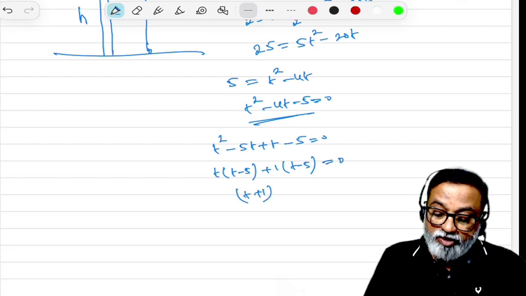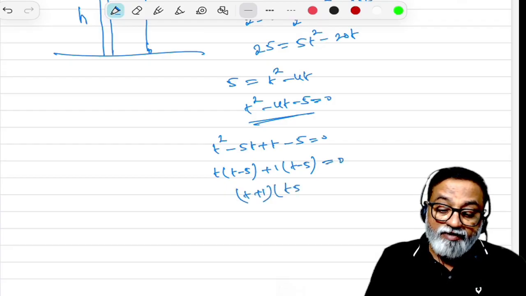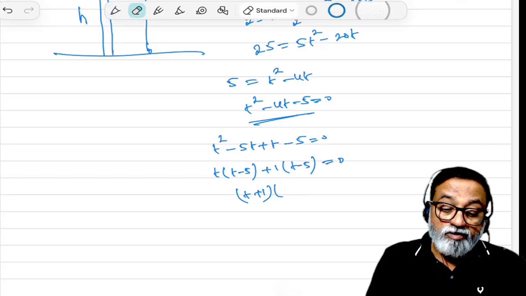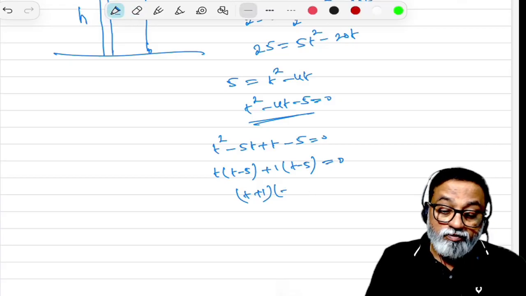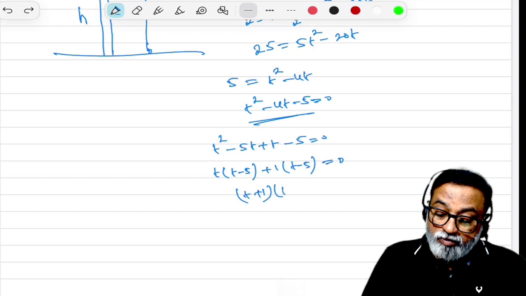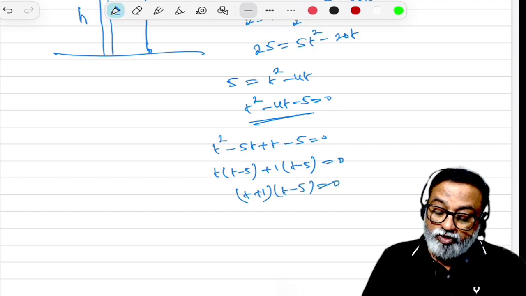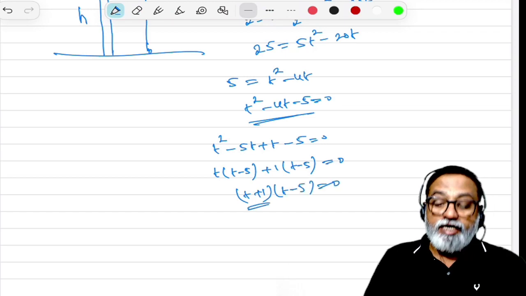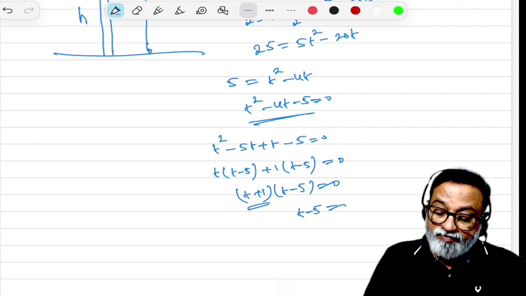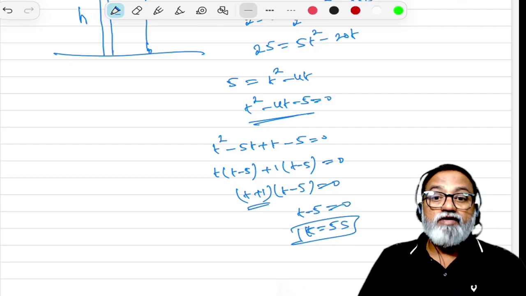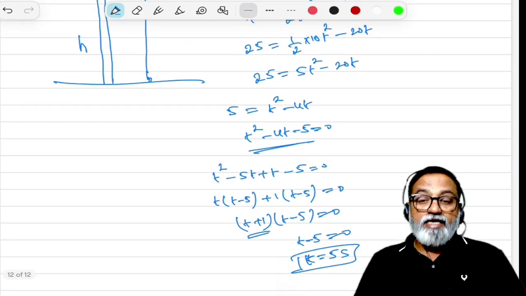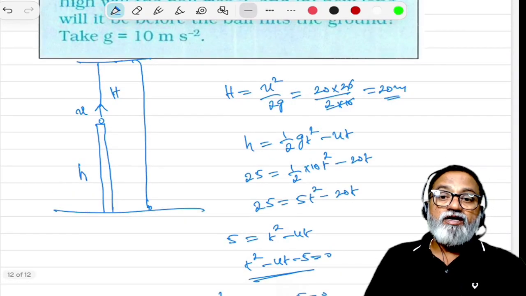Therefore, t plus 1 into t minus 5 is equal to 0. Therefore, t is not negative. Therefore, t minus 5 is equal to 0. T is equal to 5 seconds. Therefore, after 5 seconds, it again reaches the bottom of the tower.